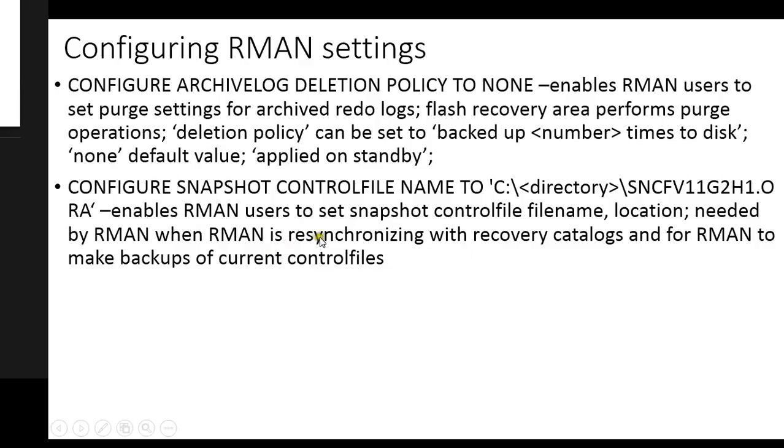It's used by RMAN when it's synchronizing the recovery catalog, and also when RMAN is making a backup of a current control file. So this is a snapshot of the control file used by RMAN in terms of how it syncs with the recovery catalog, and also in terms of the backup operation for your control files.